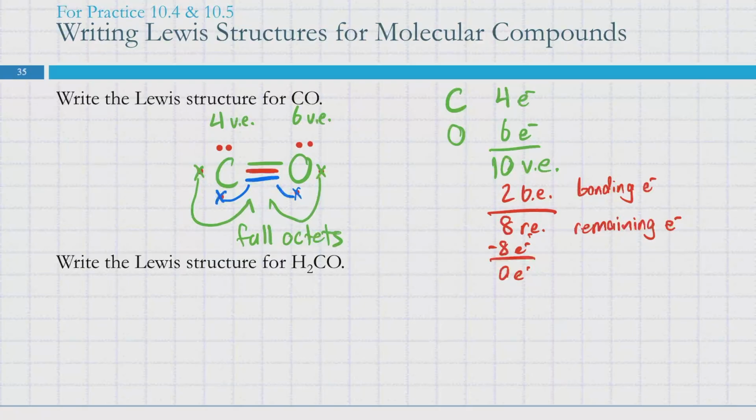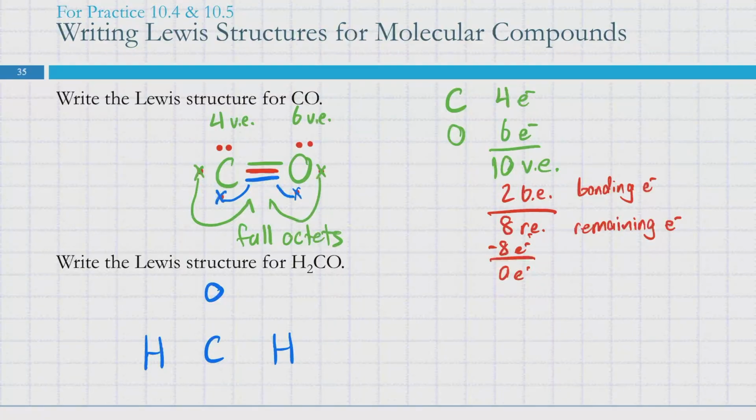All right, next up, Lewis structure for H2CO. To get symmetry, I'm going to put carbon in the middle and the hydrogen on either side of the carbon, rather than putting it all in a line. I also know what the structure is, so I have that advantage as well.